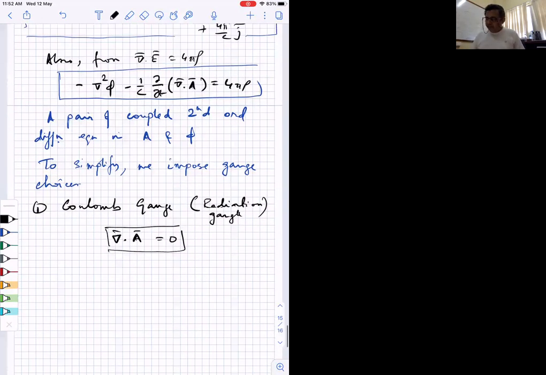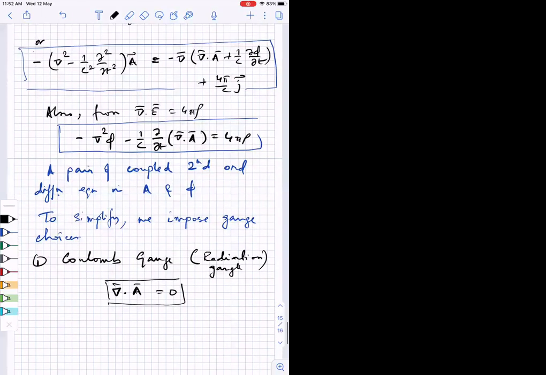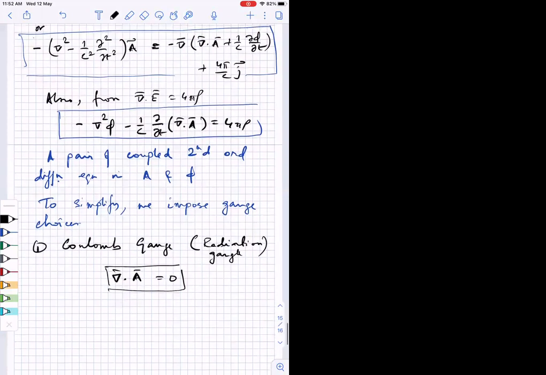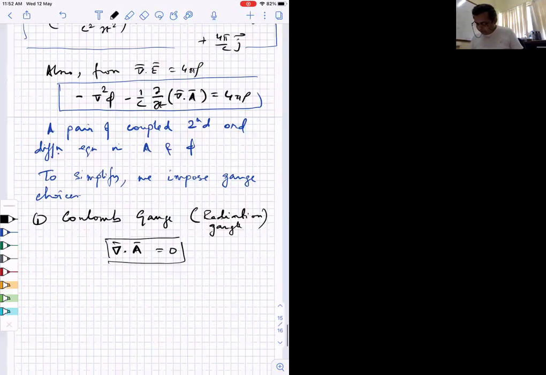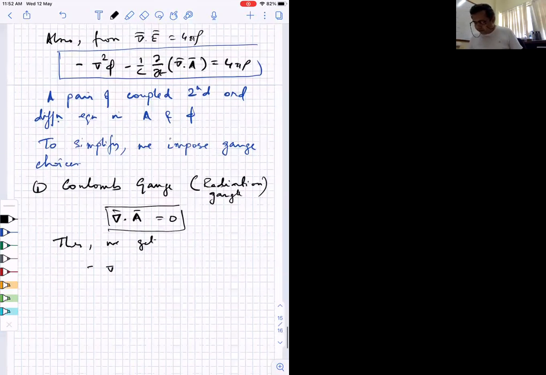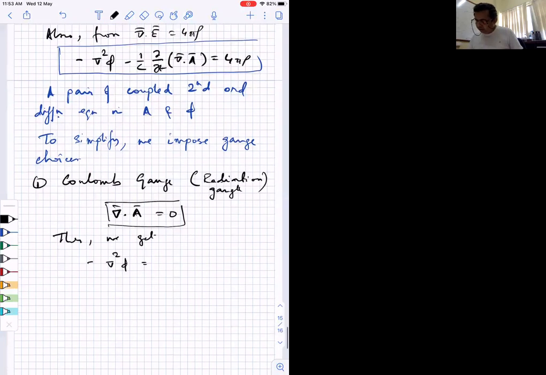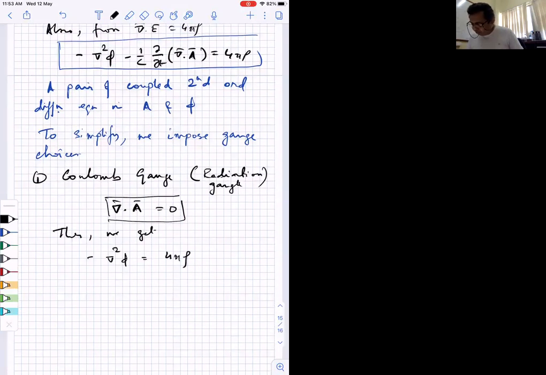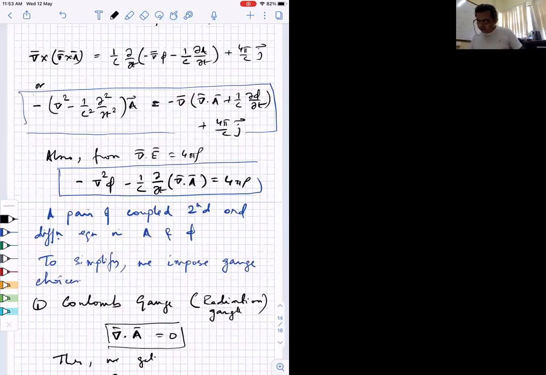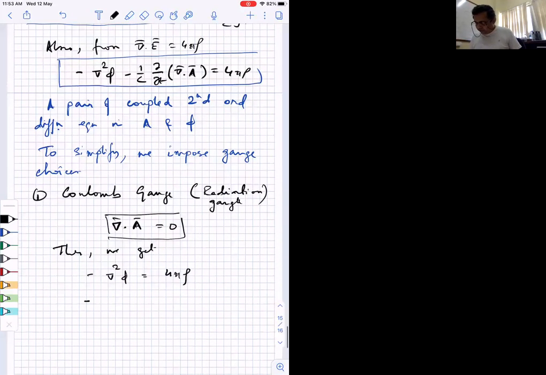So when we do that, as you can see, the divergence of A part in the two equations goes to 0. So we end up with minus grad squared phi is equal to 4 pi rho, and minus, so let me introduce, okay, I'll do that.